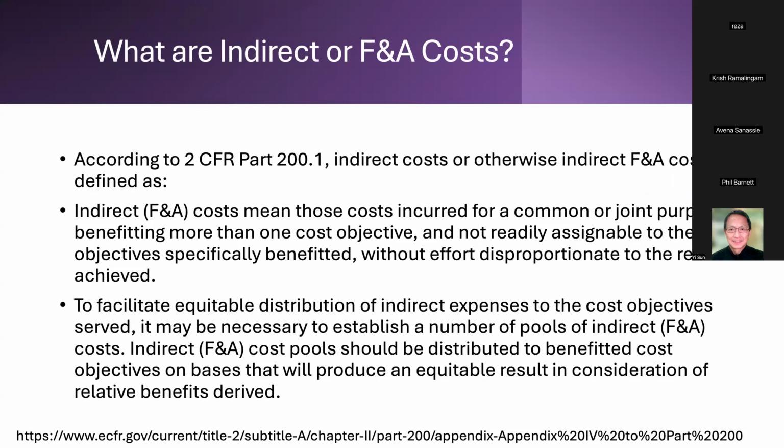this is from the Code of Federal Regulations. So I'm just going to say it's clear as mud what indirect costs are from this description, but I'll give you a second to look at it. Essentially, what it's saying is that indirect costs, which are often referred to as facilities and administrative costs, mean those costs that are incurred for a common or joint purpose, benefiting more than one cost objective, and not readily assignable to the cost objective specifically benefited.